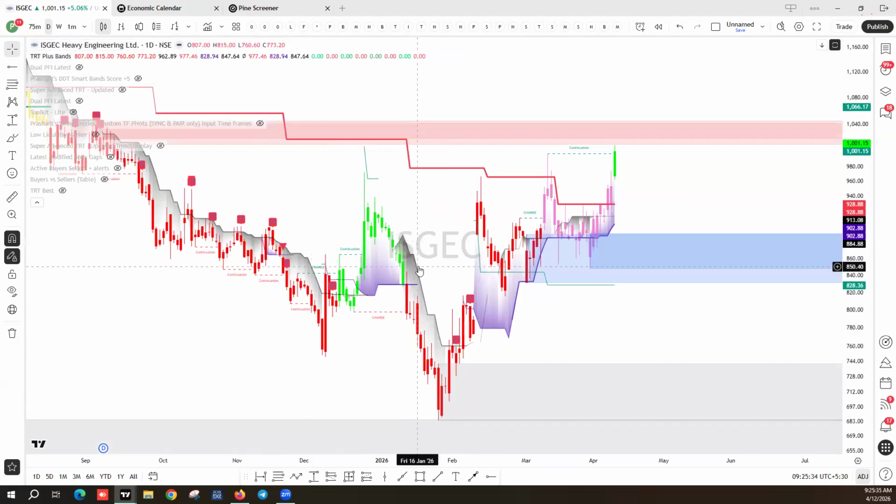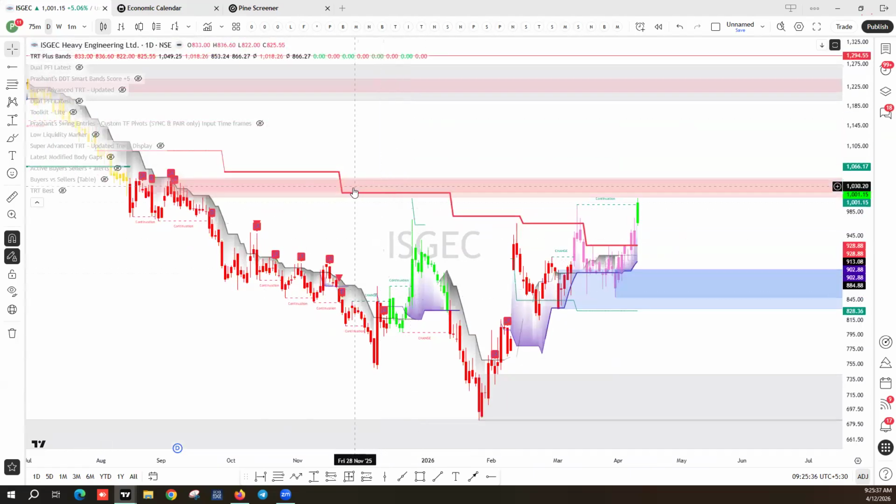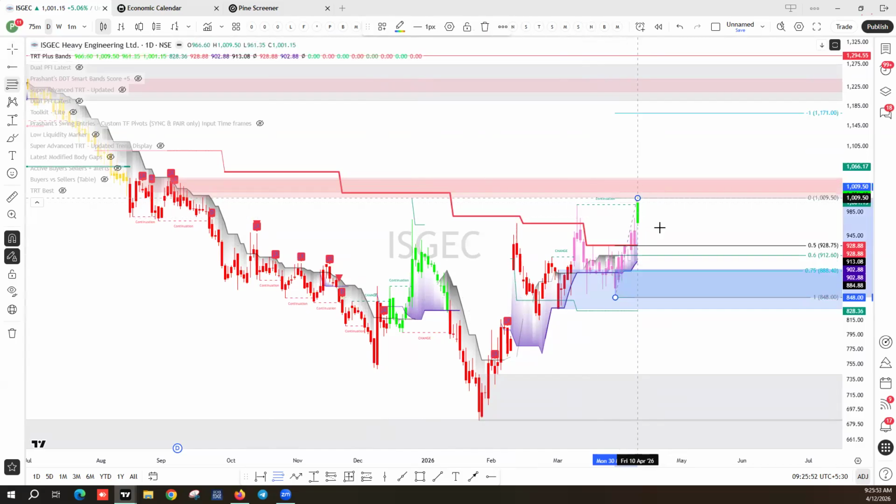ISGEC Heavy Engineering. It turned green below the bias. What happened? It failed. Now it has turned green and above the bias. Bullish bias is present, bearish bias is broken. Price is above that. So I want a retracement in this. And these stocks we have to keep on checking, because next day it may go up.